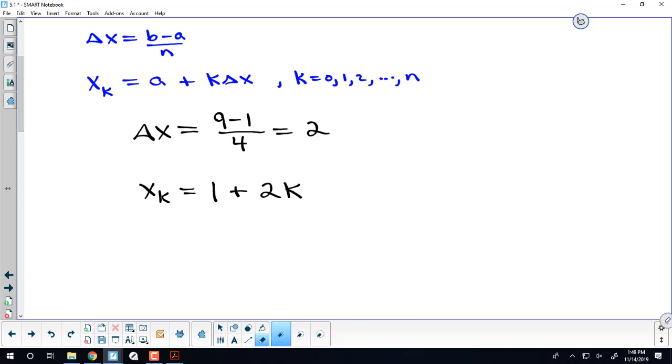Remember, this is kind of like a function of k, so if we want to think about it, these are our inputs here. And k ranges from 0 to 4. Again, 4 rectangles.